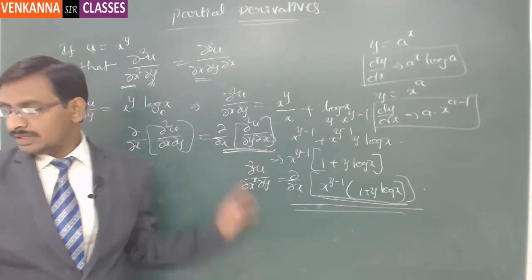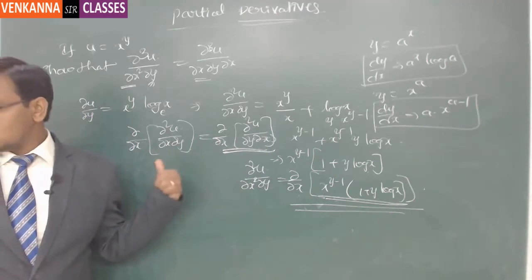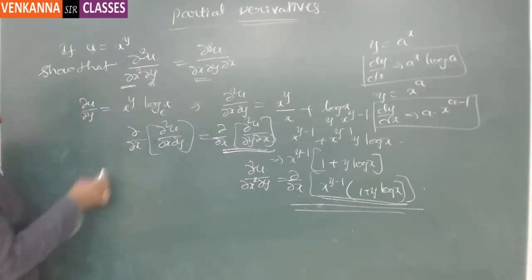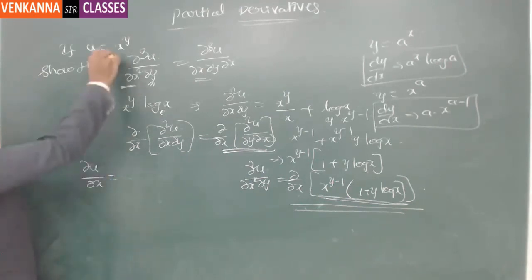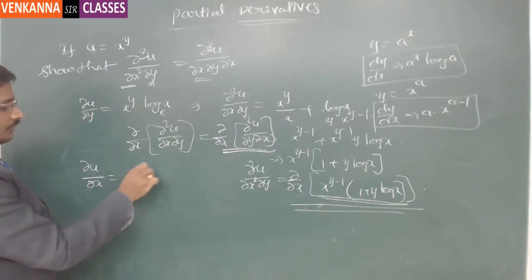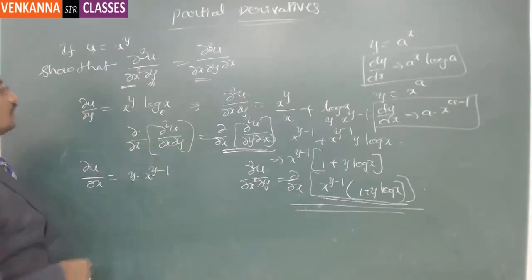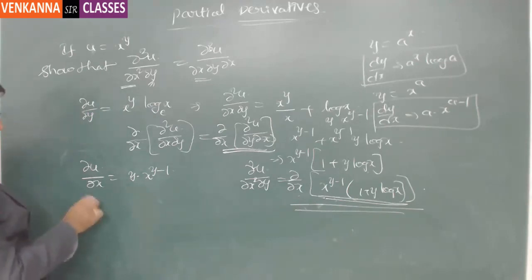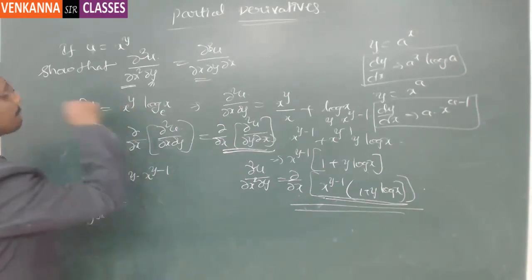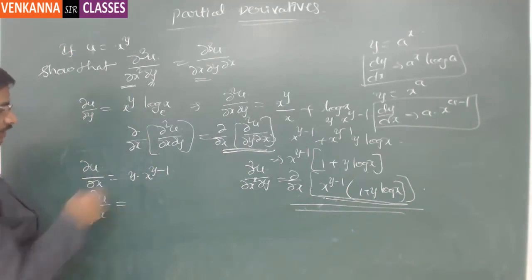Got it? Now dou square u by dou y dou x we are going to do. So then dou by dou y of dou u by dou x, the derivative of this with respect to y. Dou u by dou x is y into x power y minus 1. So this will be doing the derivative with respect to y.